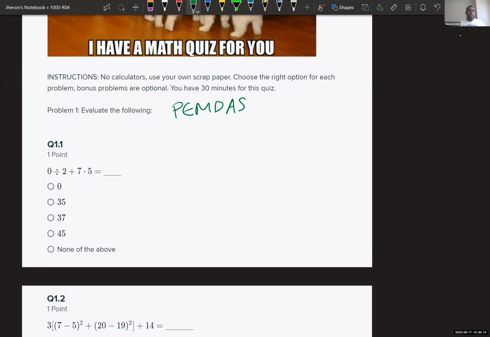And P stands for parentheses, E stands for exponentials, or exponentiation, raising something to a power. M stands for multiplication, D stands for division, A stands for addition, S stands for subtraction. So the M and the D and the A and the S have the same priority. That's something that we'll get into a little later because I actually have a few questions on PEMDAS. But when people mess up on this, that's usually where they mess up.